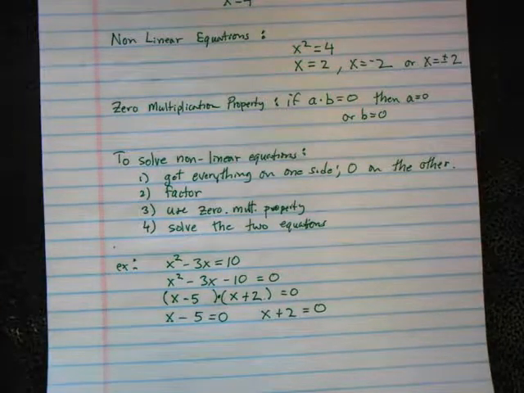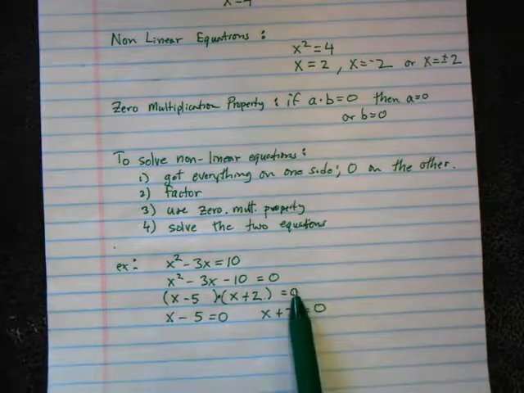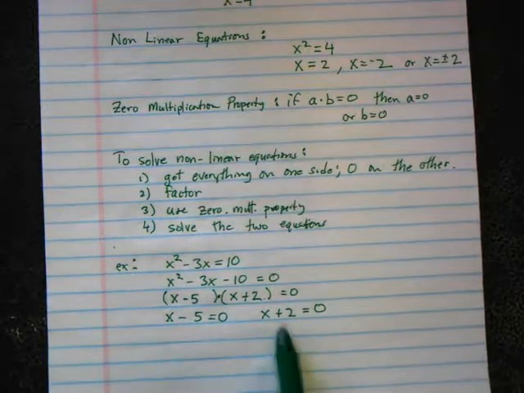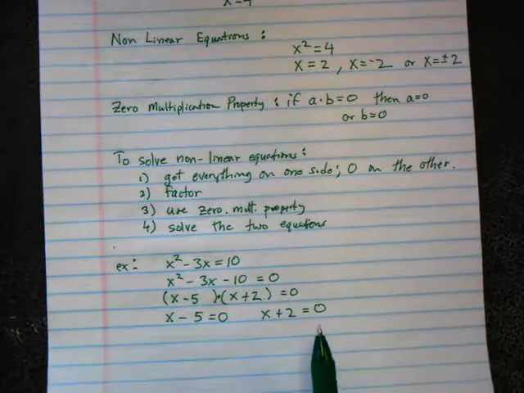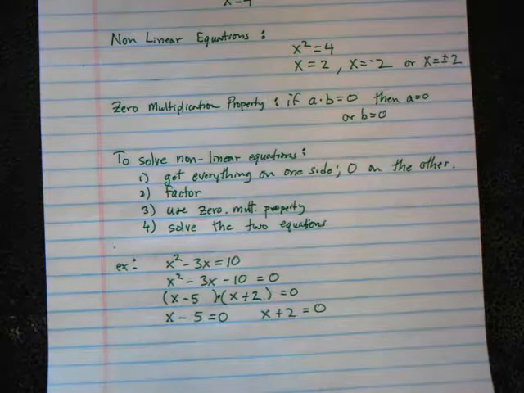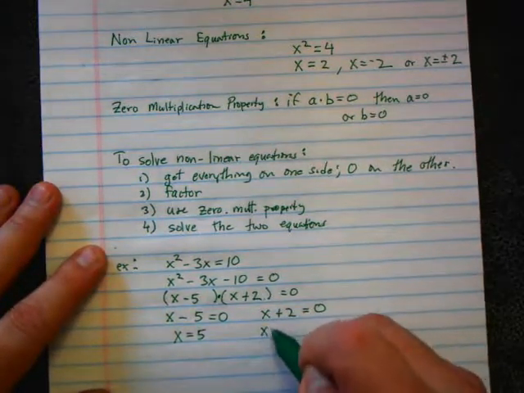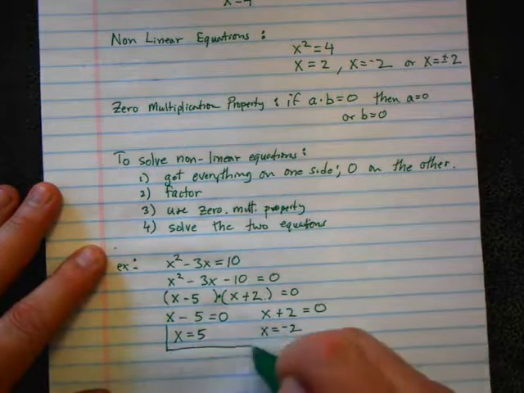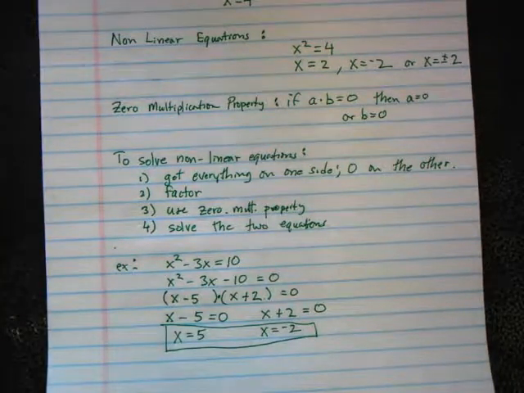All right, so these two things are being multiplied. They're equal to 0. That means one of them is 0 or the other one is 0. And then you're right, those are very simple equations. We can solve them in our head. We add and subtract as appropriate. x equals 5, x equals negative 2. So once again, with our nonlinear equation, we get two answers.